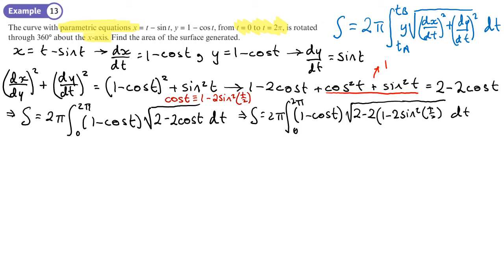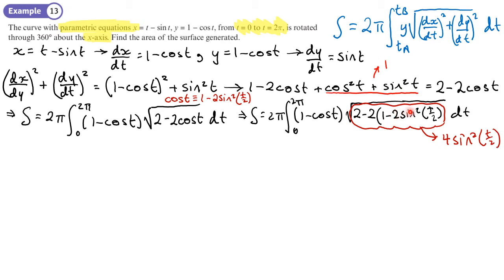Now what will happen when I expand these brackets here, because I'll get 2 minus 2, so that's gone, and then I'll get 4 sine squared t over 2. So all of that will become 4 sine squared t over 2, and I'm going to square root it.